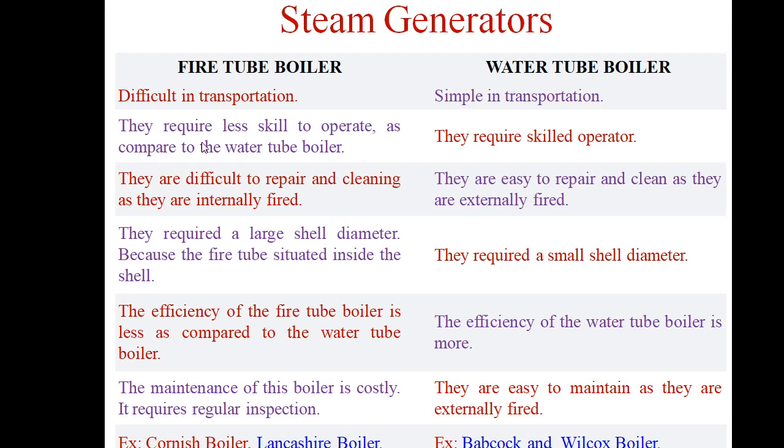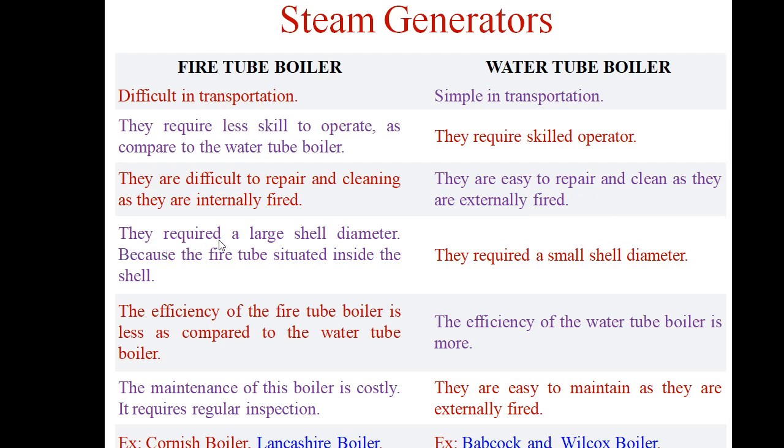The fire tube boiler requires less skill to operate compared to the water tube boiler, which requires a skilled operator. Fire tube boilers are difficult to repair and clean as they are internally fired, whereas water tube boilers are externally fired and easier to repair and clean.